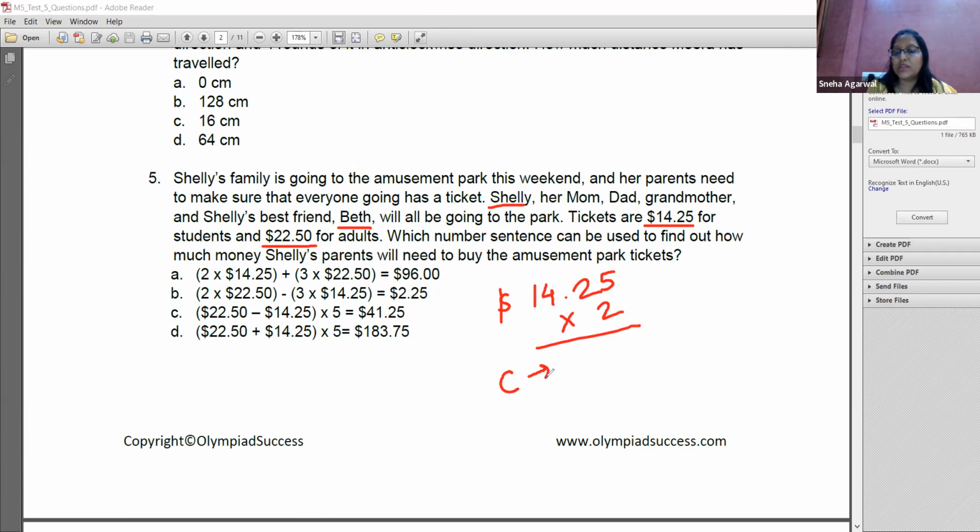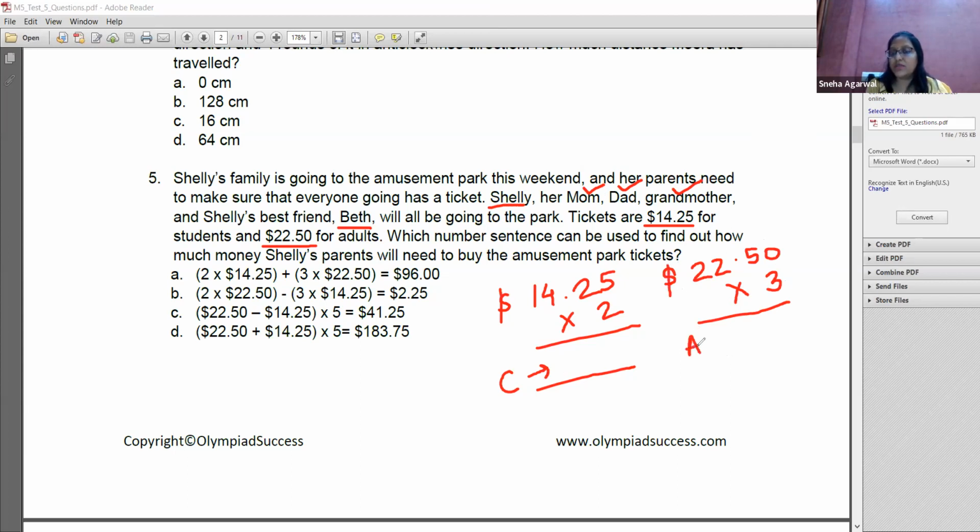Now you want the cost of the tickets for adults also. For adults, we have 22.50 given as the rate, and we have 3 adults: mom, dad, and grandmother. So you just multiply by 3 and get the result for adults.